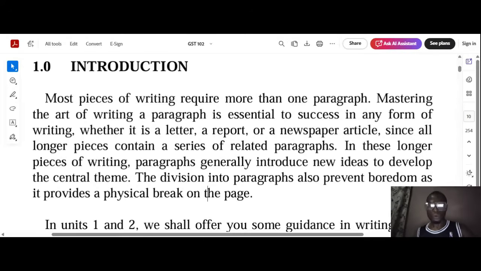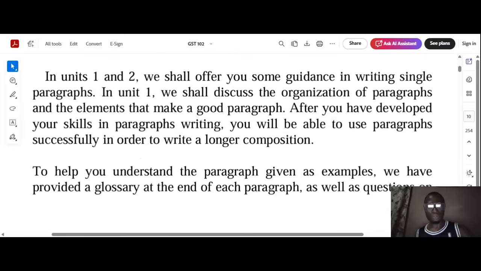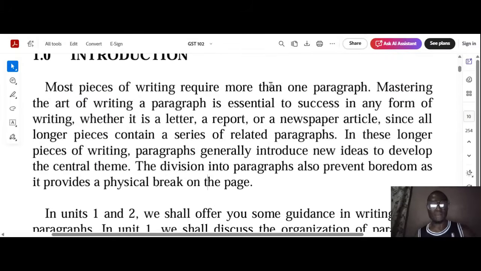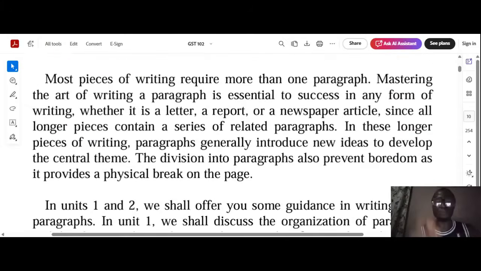Let's go to the other part of the introduction. You can see that this introduction is an example. This is paragraph one. It ends on a physical break on the page, full stop. Then they move to paragraph two, still under the introduction, because they've given us one idea in paragraph one.